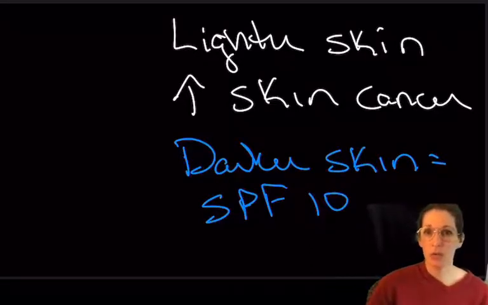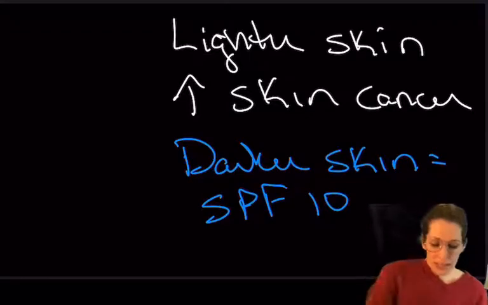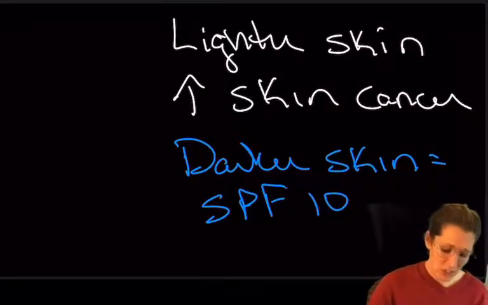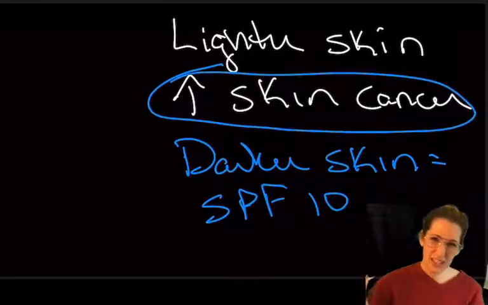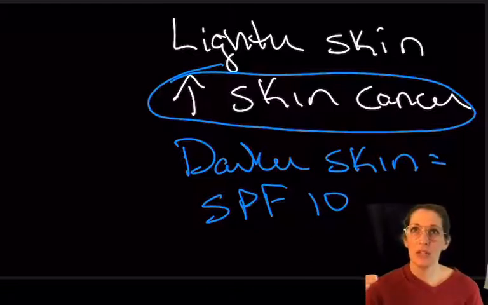But we know that it also increases the probability of skin cancer, and darker skin has a much higher sun protection factor. So let's think about why. Why would this mutation spread even though it increases the likelihood of skin cancer? Think about when each of these things occur.